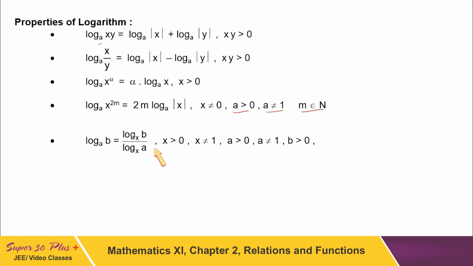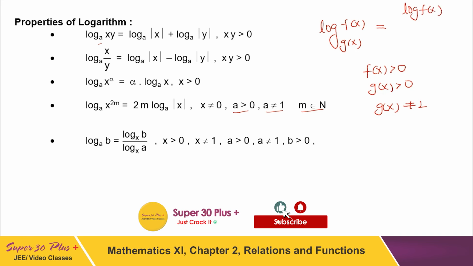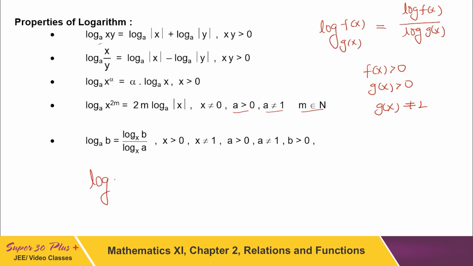One most important thing is this: if it is given that log of f(x) base g(x), then to define this function, it is necessary that f(x) should be greater than 0, g(x) should be greater than 0 and g(x) is not equal to 1. Why is g(x) not equal to 1? Because if we write it like this, log f(x) upon log g(x), as we know, log of 1 at any base is equal to 0.